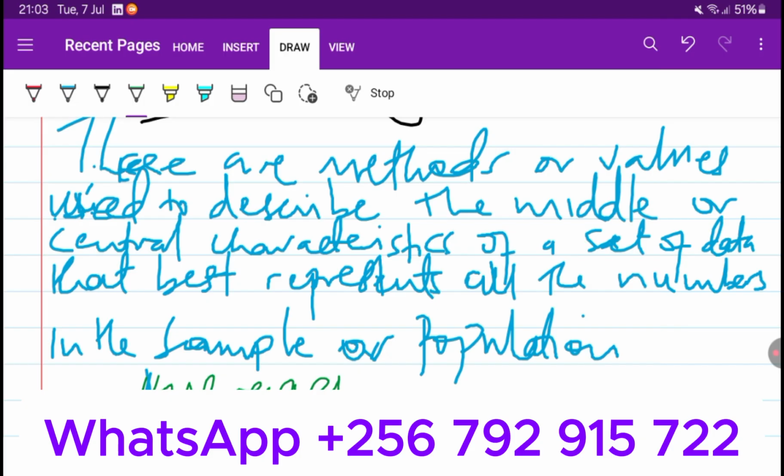We shall look at some of those topics once we are done with this, but we shall also see that we use some of these measures of central tendency, like the mean, the median, and the mode, to determine whether the distribution is skewed or not, or whether it's a normally distributed set of data. So, as we have said, the measures of central tendency are just the measures of average. They look at the averages.